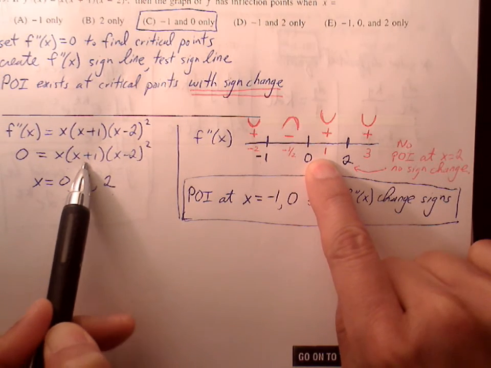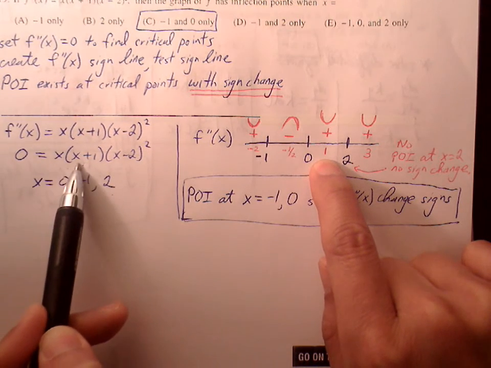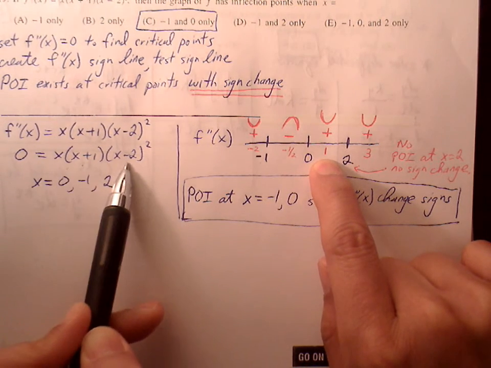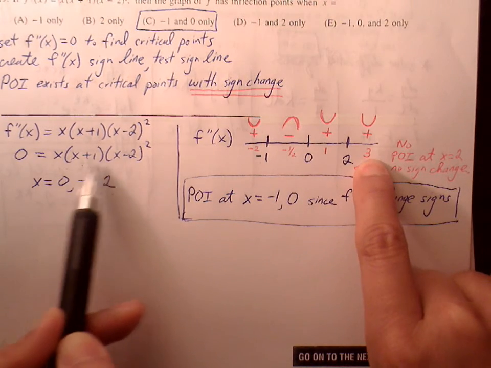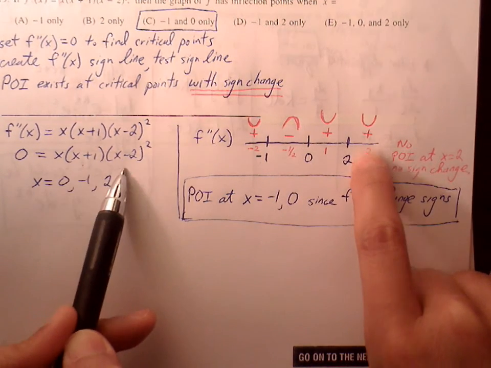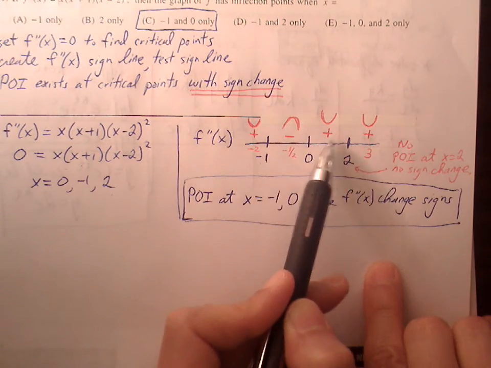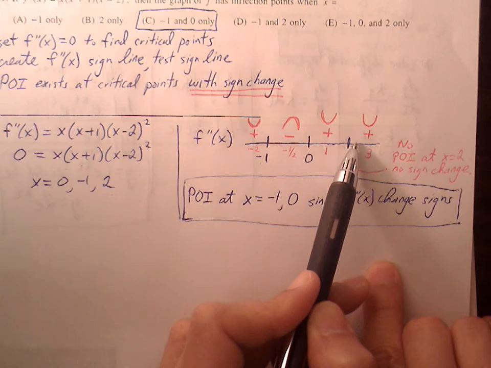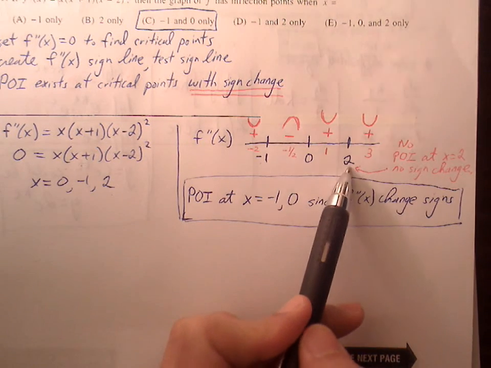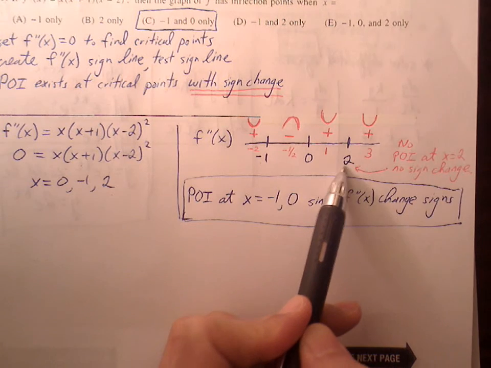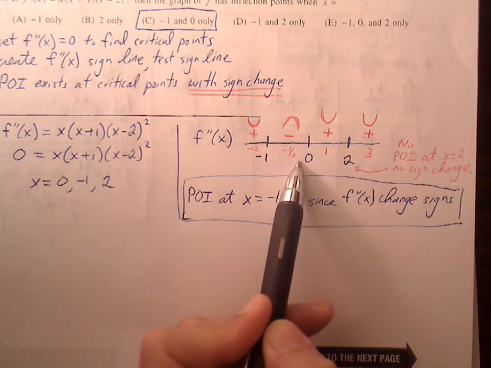Next interval, we test 1. 1 times 1 plus 1 is positive times positive, which is positive, so concave up. We can test 3: positive, positive, positive, so positive. So concave up, concave down, concave up, concave up. Not all critical points have a change in sign. There's no change in sign at x equals 2, so x equals 2 is not a point of inflection, only at -1 and at 0.